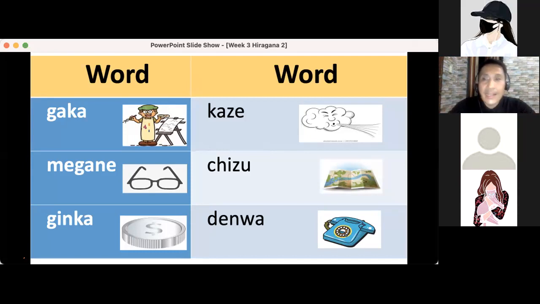Ginka is a coin. And then kaze is wind. Chizu means map. Denwa is telephone. Okay? So gaka, megane, ginka, kaze, chizu, denwa. Pag nagpa-picture tayo, iba naman yung chizu. Say cheese. Ito ay chizu, chizu means map.